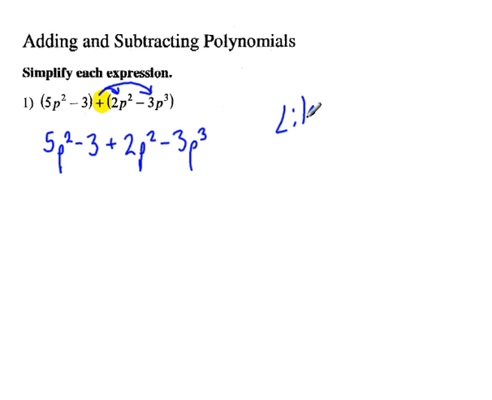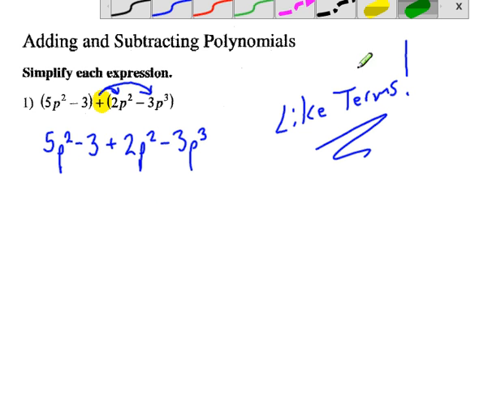The next thing is to make sure you understand what like terms look like when you're talking about exponents. There are 3 levels of terms in this problem. Let me switch over to green highlighter. The highest term is p to the 3rd power. Now I also have p to the 2nd power here and here.